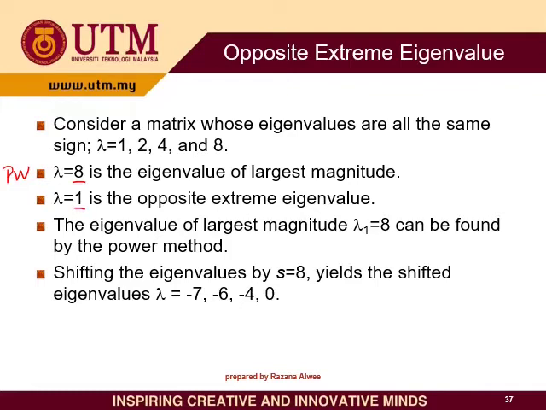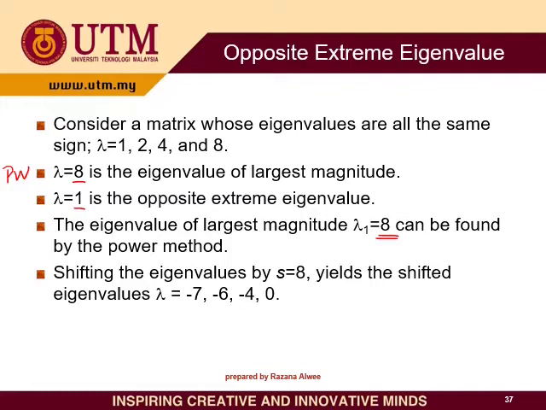So the eigenvalue of largest magnitude, lambda 1, which equals 8, can be found by the power method. You use the power method and you can find 8 as your answer, as we have done before.